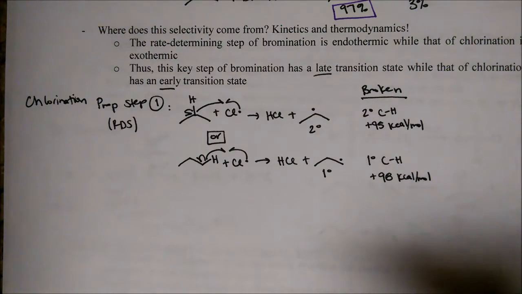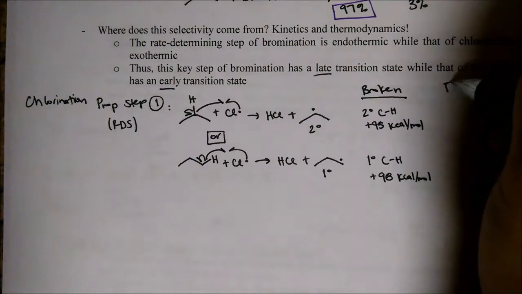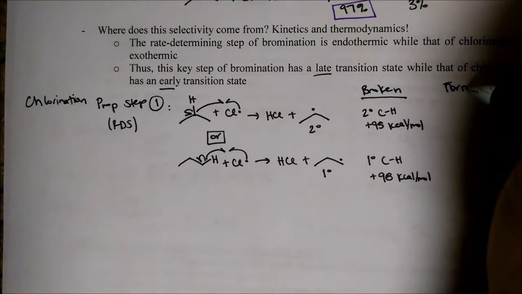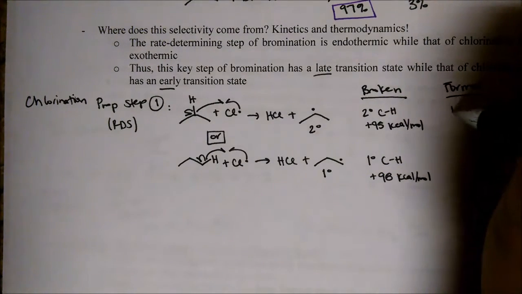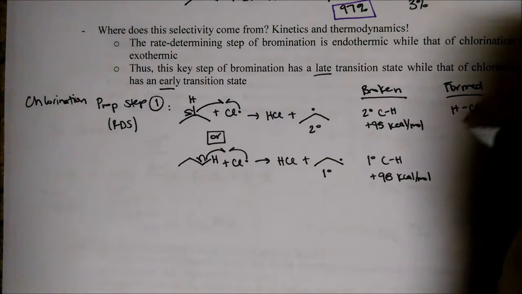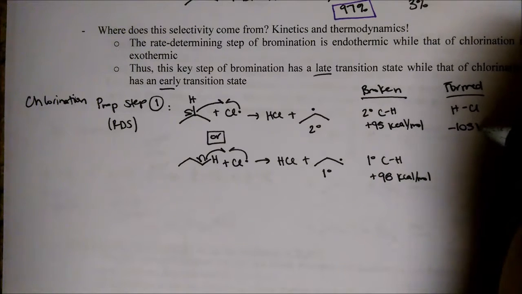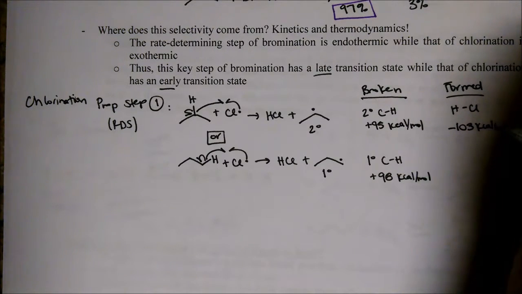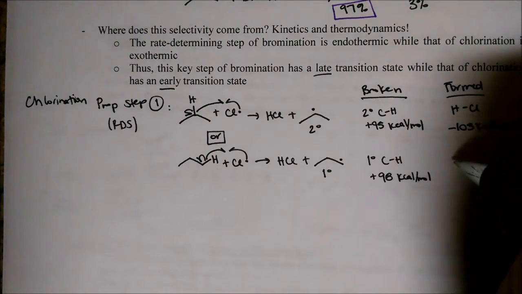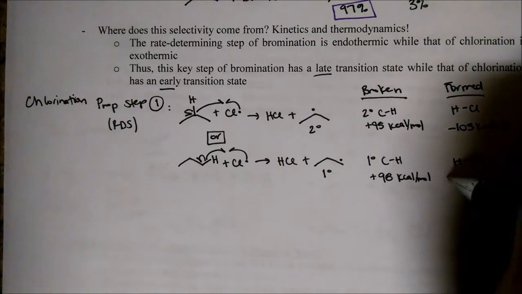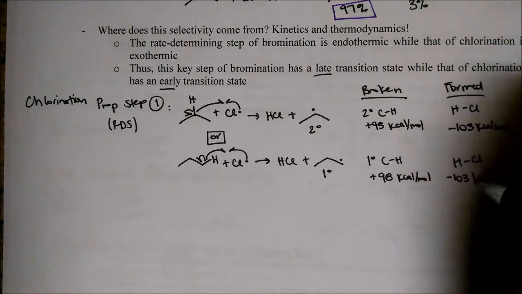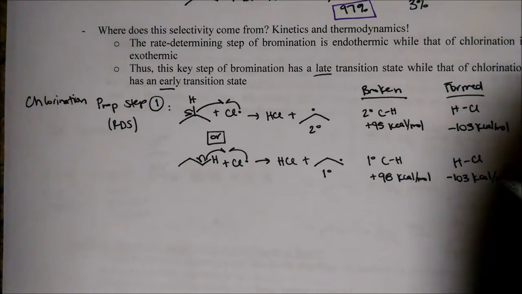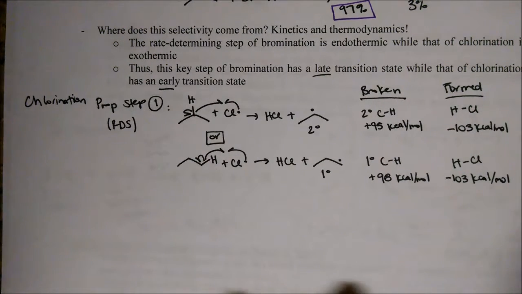In terms of what's formed, in both of them we form HCl, so they both will have a value of negative 103 kcal per mole, because they're formed, so they're negative.